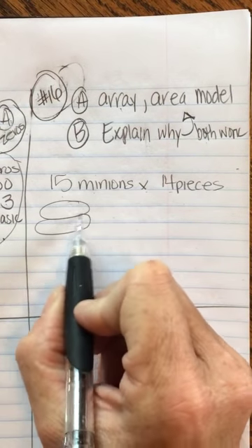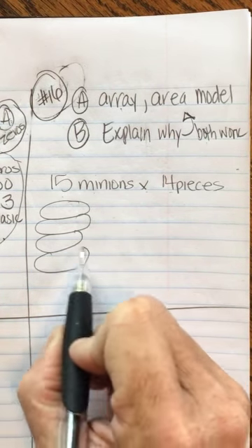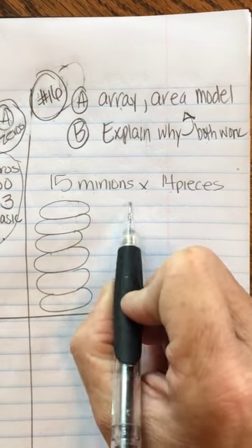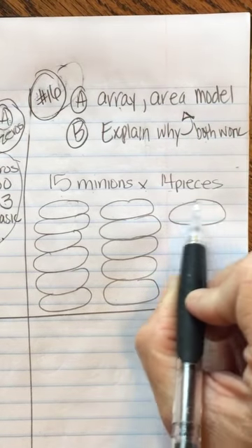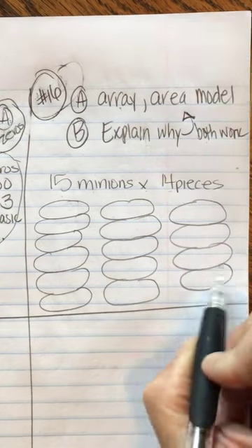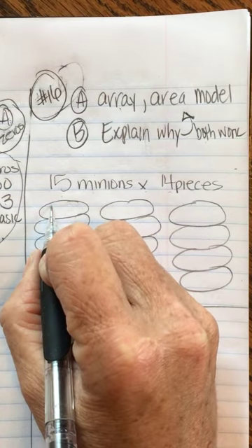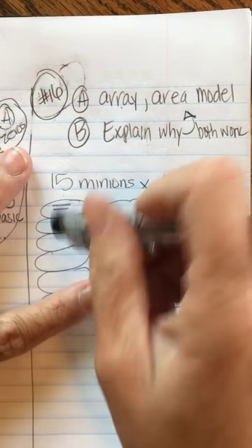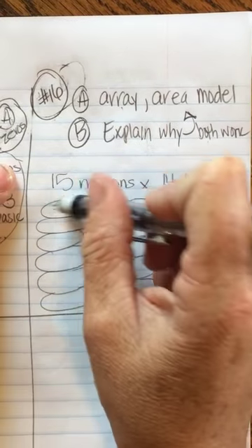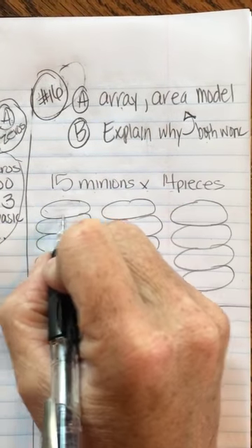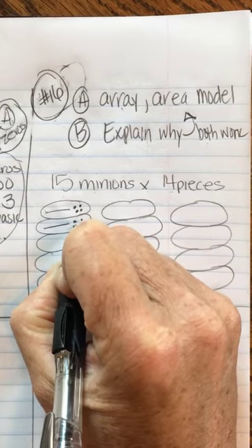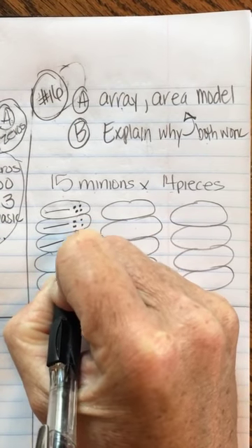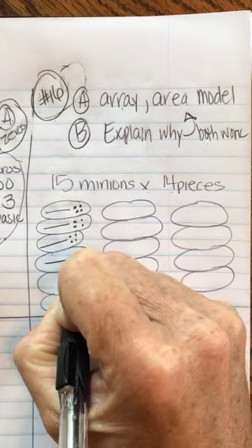So 1, 2, 3, 4, 5, 6, 7, 8, 9, 10, 11, 12, 13, 14, there's 15, and then I need 14 pieces. So I need 10, 11, 12, 13, 14.